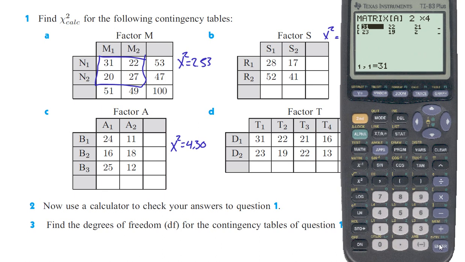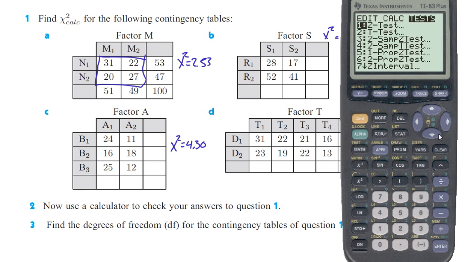Okay, so 31, 22, 21, 16, 23, 19, 22. There's my mess up, and then 13. Okay, so now we can stat, chi-squared test.